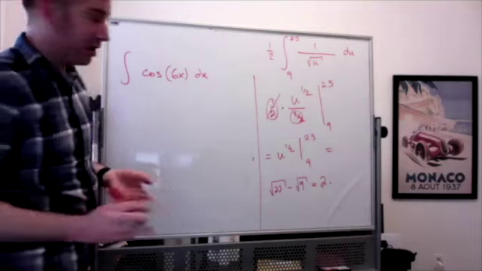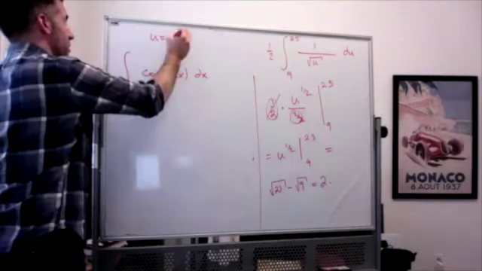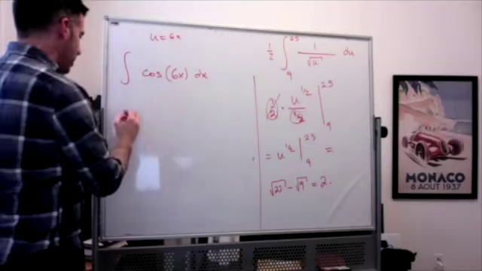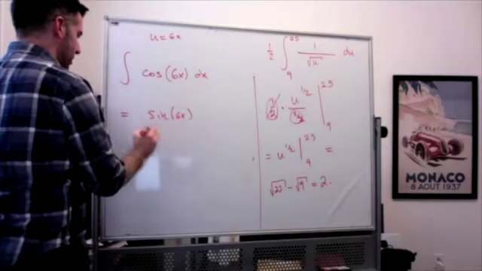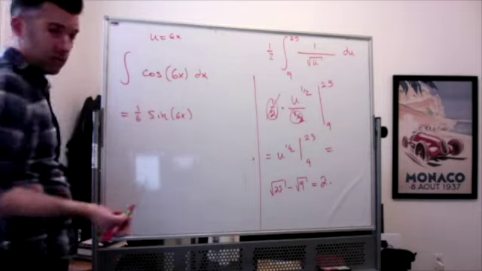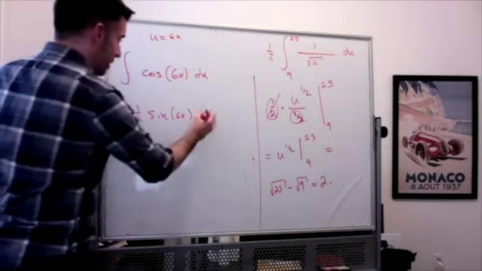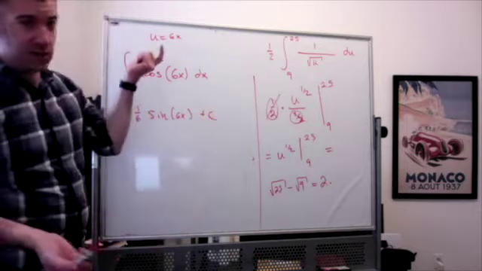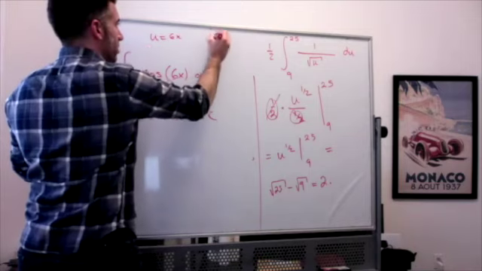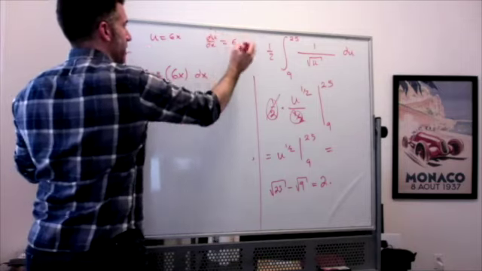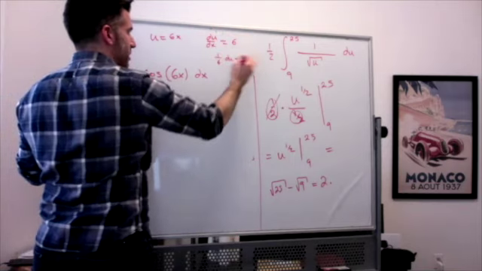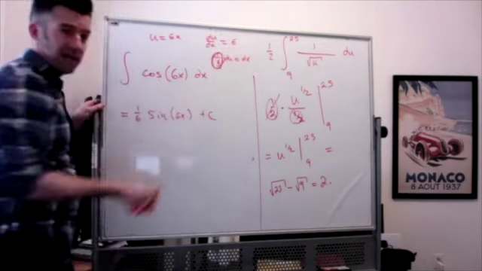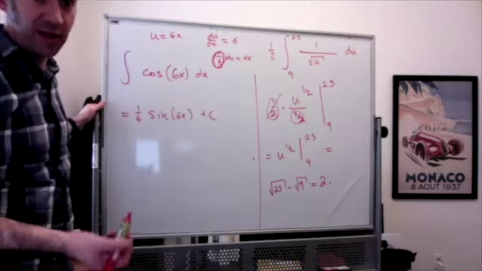You could let u equal 6x, but we know the integral here is supposed to be sine of 6x divided by 6, or times 1/6. Because if you did the u-substitution, your du dx would equal 6, and then 1/6 du would equal dx. That's where that 1/6 is coming from because of the u sub.